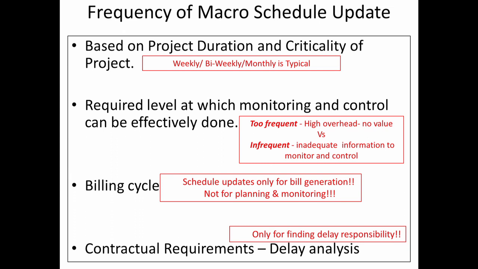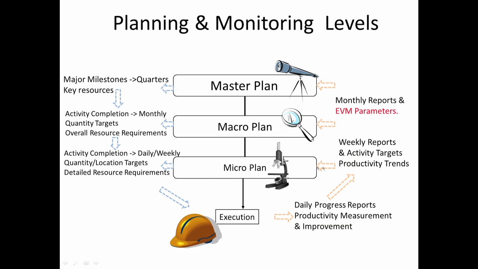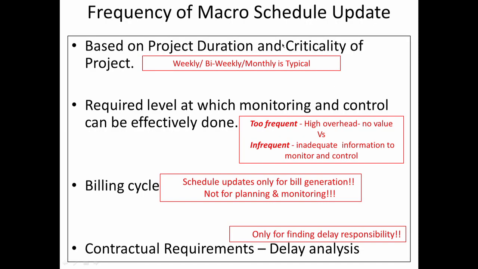When we look at this with reference to the frequency of update, we had talked about weekly, bi-weekly or monthly being typical. Weekly or bi-weekly is typical for the lower levels of the plan, that is the micro and between the micro and macro. Earned value is usually on a monthly basis because it is rather tedious to do it on a more frequent basis.